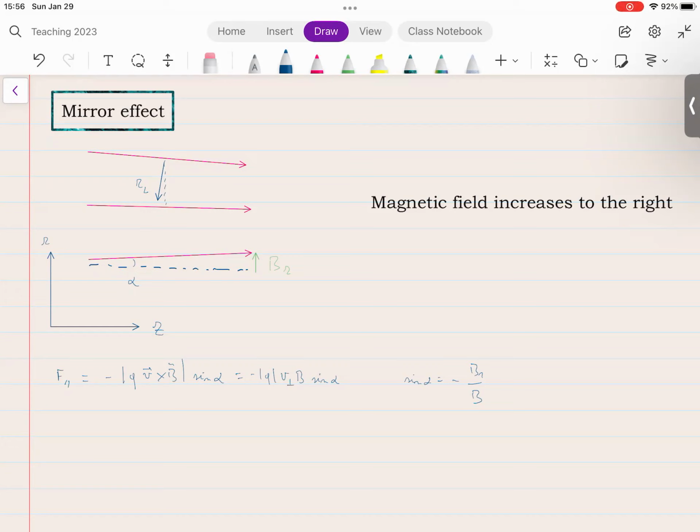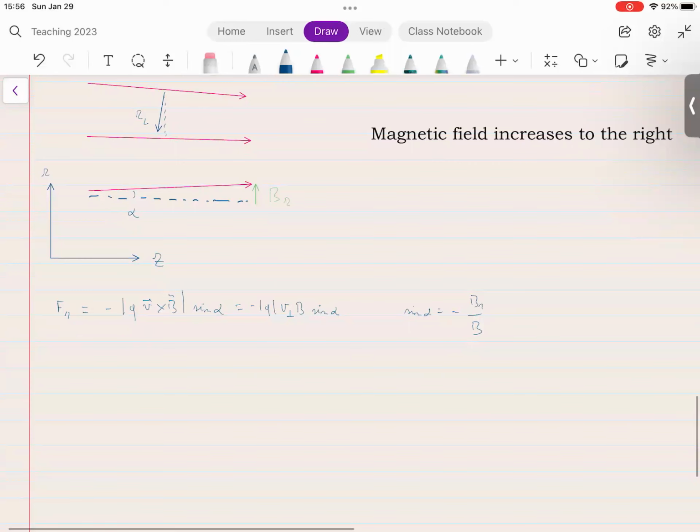Now, I'm going to assume that R and Z are the only two components of the magnetic field. If that's the case, I can use Maxwell's equations, and in particular, the divergence of B equals 0 equation to calculate BR.